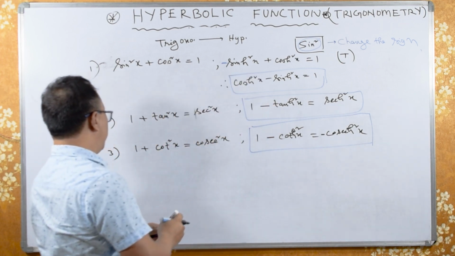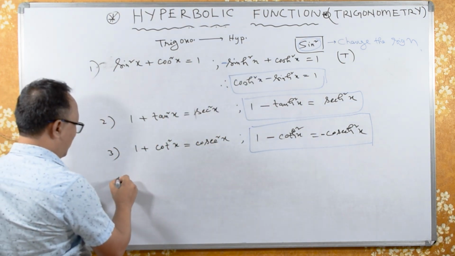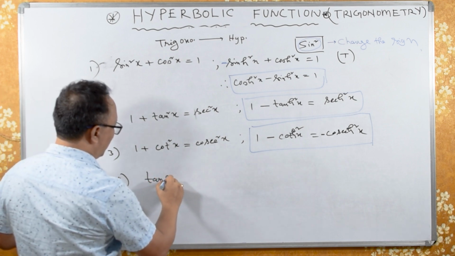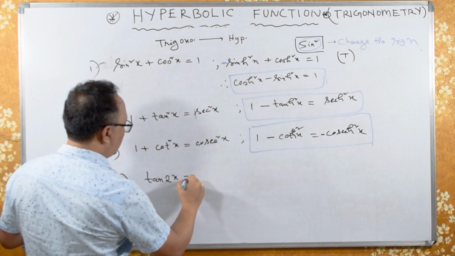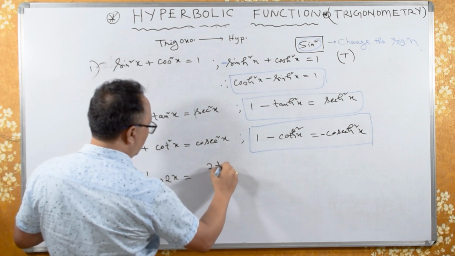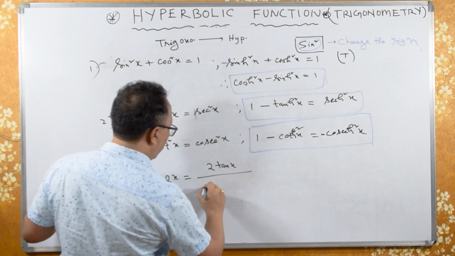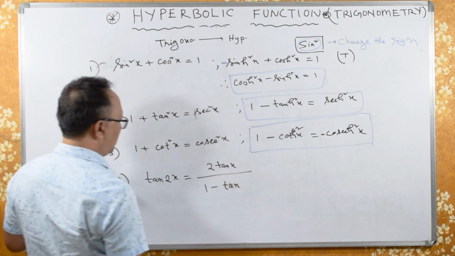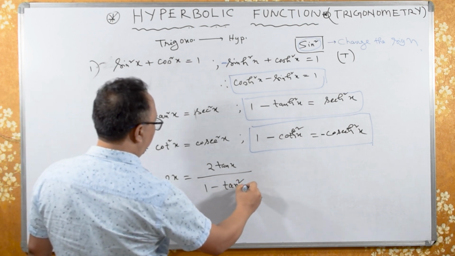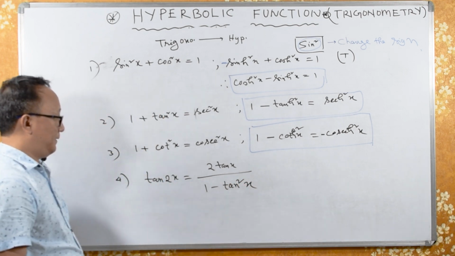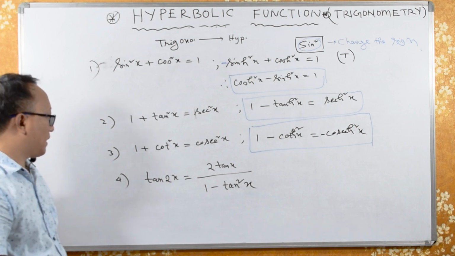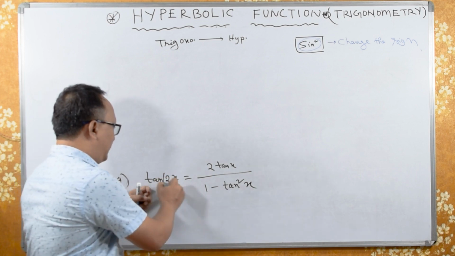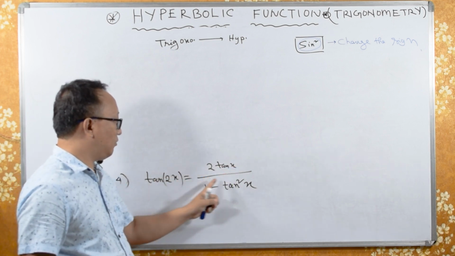Other formulas that we have: tan of 2 theta or 2x equals 2 tan x upon 1 minus tan square x.